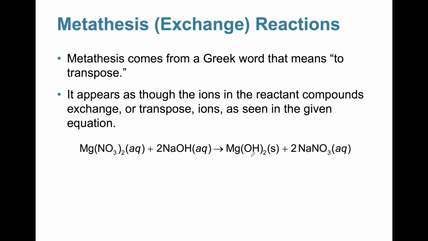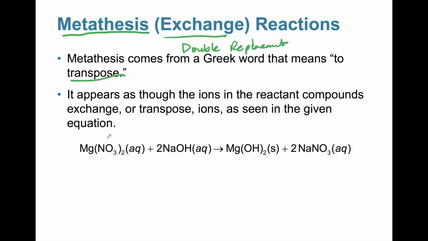So a lot of people call this a metathesis reaction, or exchange reaction. Those are all just other words for double replacement, which I told you on the previous slide. It's another word for double replacement reaction, from the Greek word that means transposed.